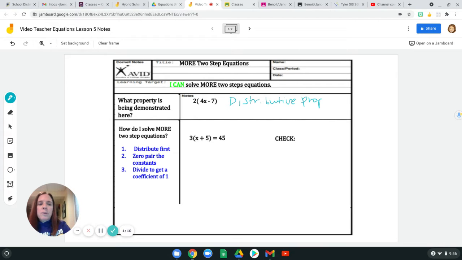And what the distributive property means, just to remind you, I'm not going to write this down, but you are welcome to write it down, is you take the coefficient that is outside the parenthesis and multiply it by all of the terms inside the parenthesis. All of the terms, okay? So with our example, we would take the coefficient, which is 2, and do 2 times 4x and 2 times negative 7.